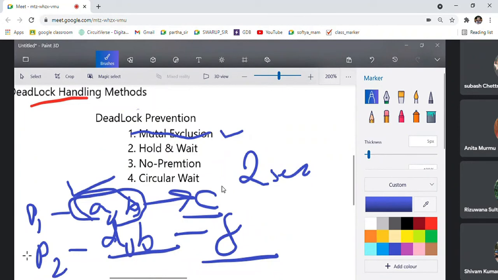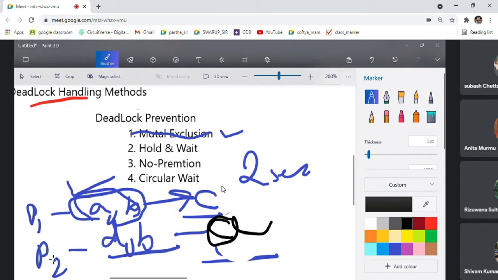Let us say P2 needed A. So when P1 wanted to enter into the waiting state, we designed our protocol so that it has to release A and B. Now P2 is executing in the CPU because P1 has released A.